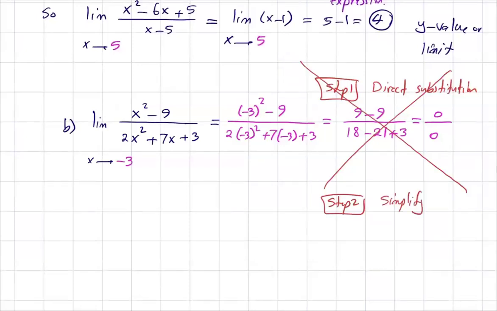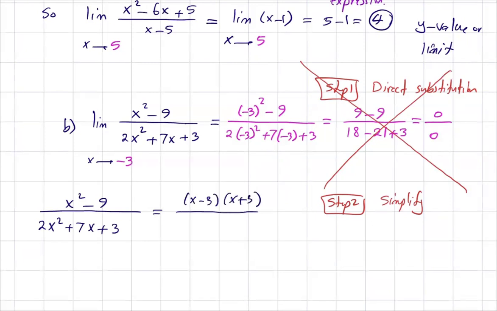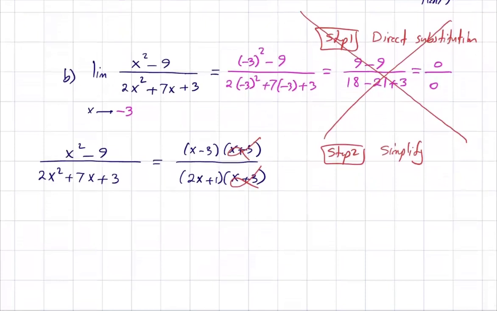So here we go. This x squared minus 9 divided by 2x squared plus 7x plus 3 can be written as x minus 3 times x plus 3, and on the denominator you get 2x plus 1 times x plus 3. So you can get rid of this common factor. So you have x minus 3 divided by 2x plus 1.